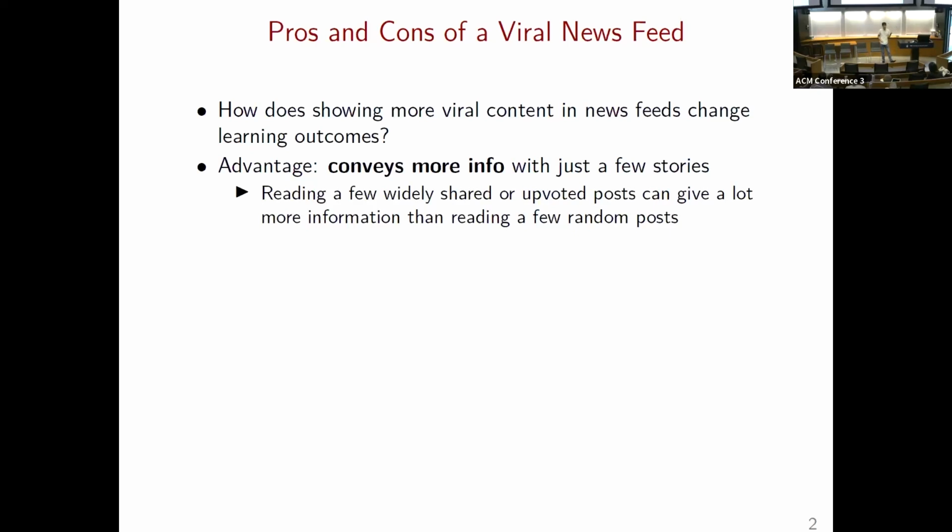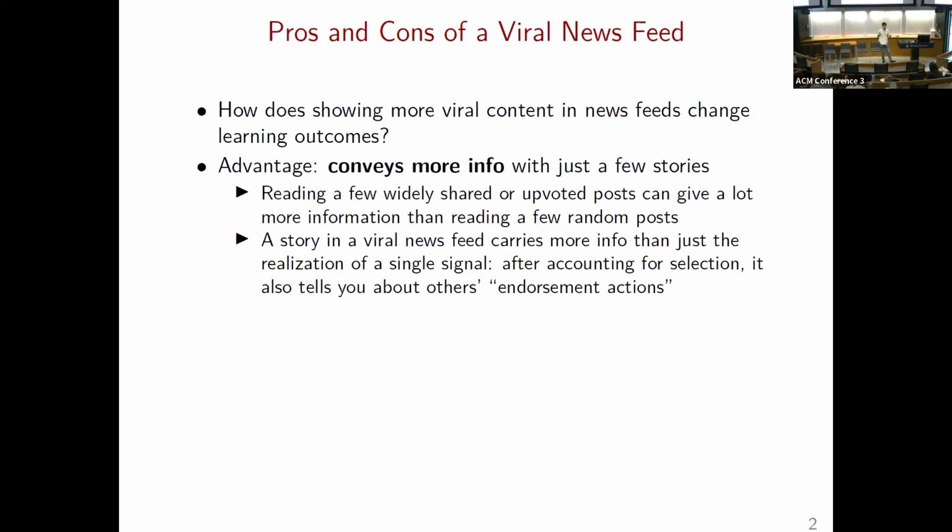If I know that those posts are likely to be at the top because they've been upvoted or shared by many people, then I don't just learn about the content of those posts and the experiences of the users who posted them. I also learn something about the broader opinion and potentially close to consensus in a larger community.